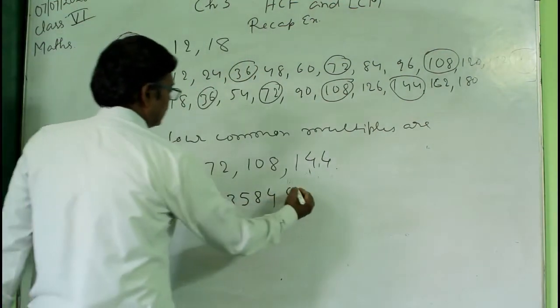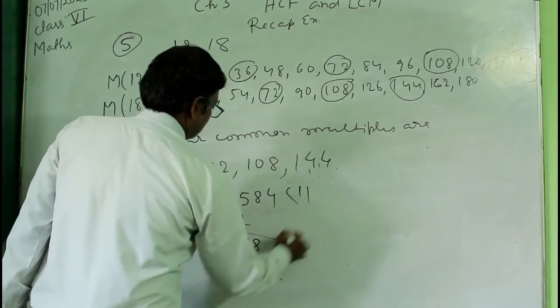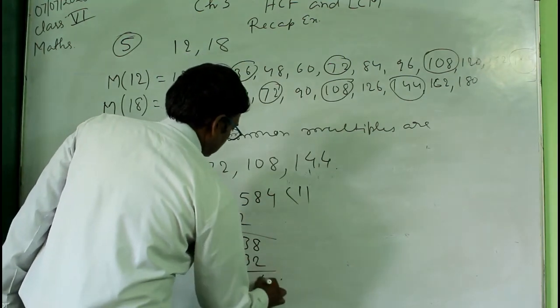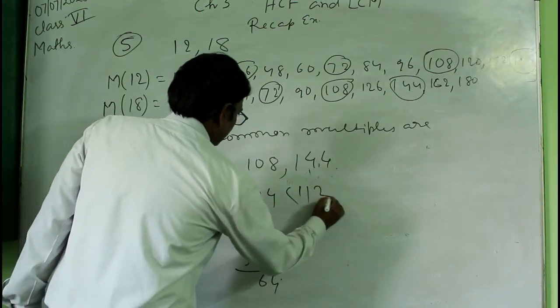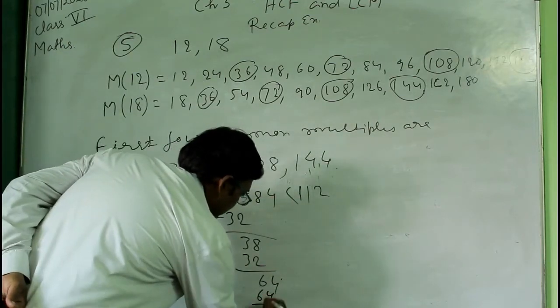So 32 ones are 32 here, subtract, so it will be 3, then 8, again 32 ones, so it is 6, and here 4, then 32 twos are 64. So see here that the remainder is 0.